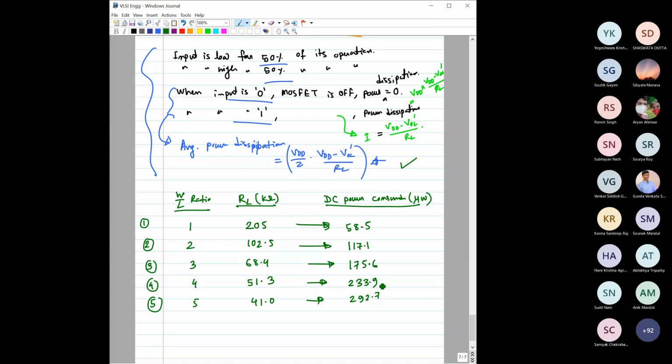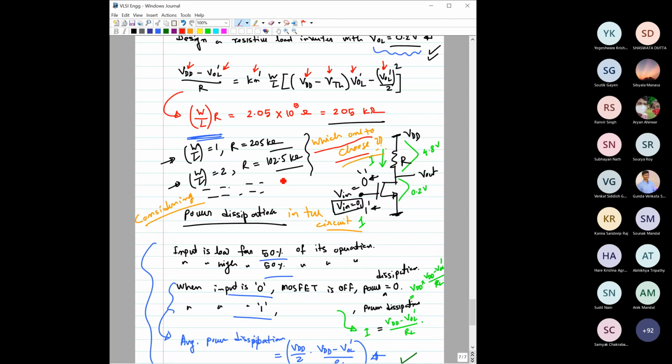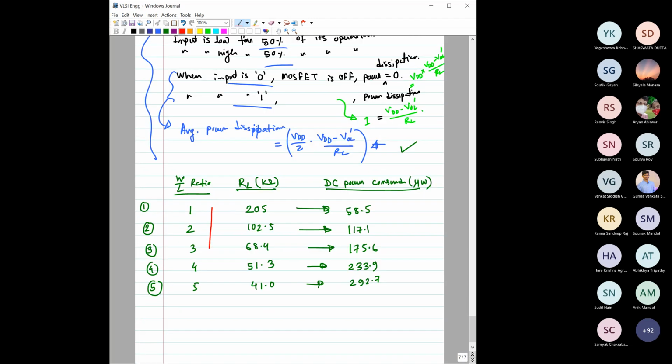So now we should be able to answer the question we asked ourselves earlier: in this design, which combination to choose? As we increase the W by L ratio, we have to decrease the RL value, but the DC power consumption increases.